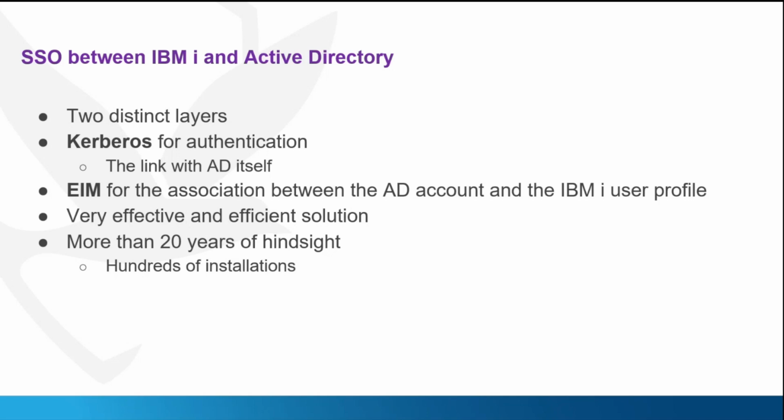That way you can connect directly to the IBM i with your IBM i profile and not have to remember any password. So it's really, really powerful. We can deploy it in pretty much any situation and any IT network that you can have. We have a lot of examples and a lot of experience with that.